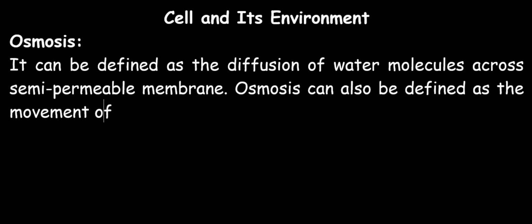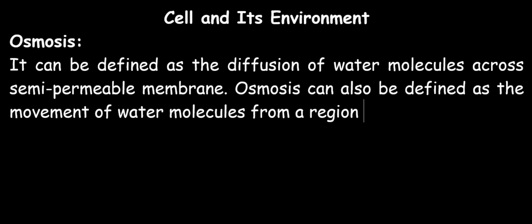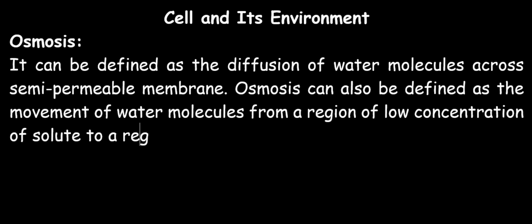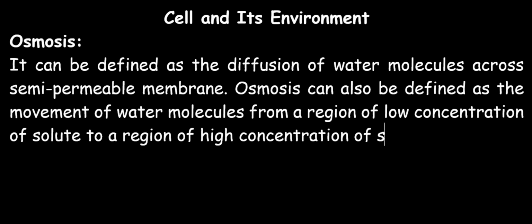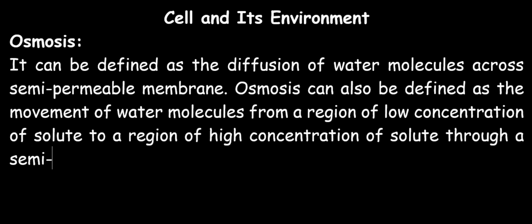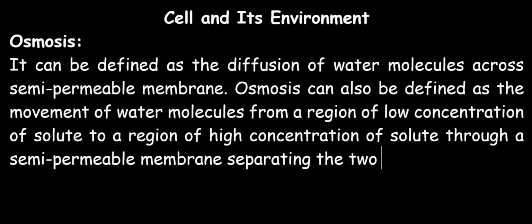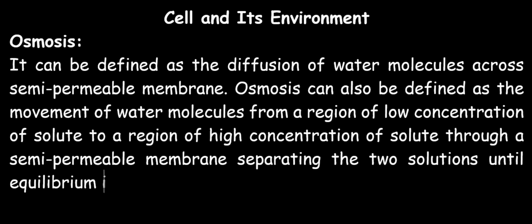It can also be defined as the movement of water molecules from a region of low concentration of solute to a region of high concentration of solute through a semi-permeable membrane, separating the two solutions, until equilibrium is attained.